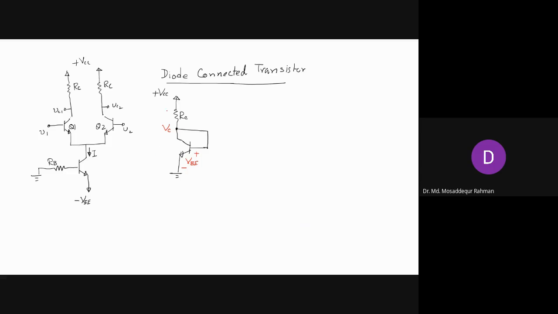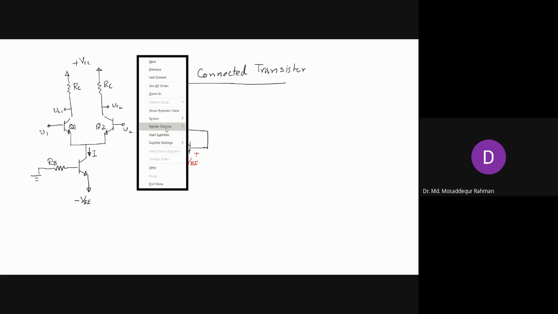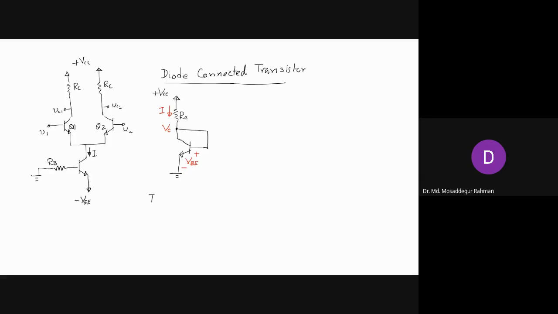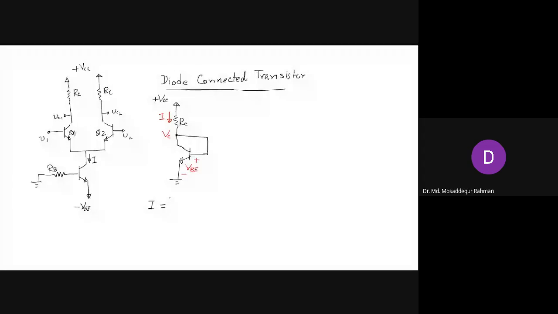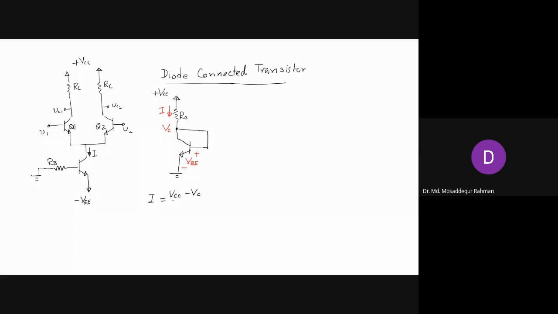Now the current that will flow here, let's call it I. So what will be I? I will be VCC minus VC divided by RC.